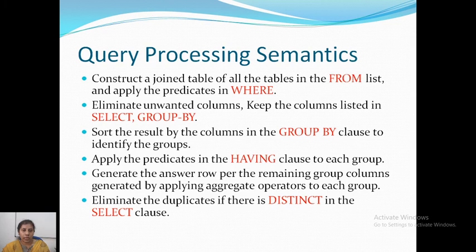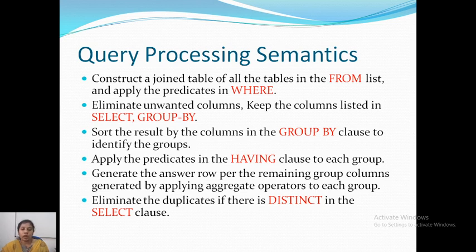If there is any condition specified in the where clause, that condition will be applied, and only the tuples which satisfy this condition will be taken from the join table. Then it will check the select clause or the group by, to see which attributes or columns you want to retain in the result, and the other unwanted columns will be eliminated.